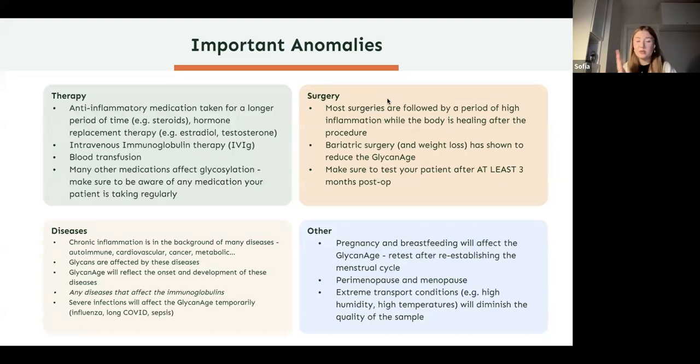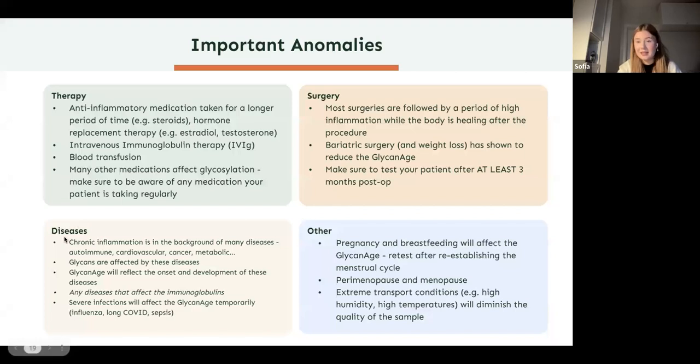However, if we tested them in the first month, we would see that their GlycanAge is very, very high because they have this inflammation in the body, which allows the body to heal. And then after they lose weight, after 3-6 months, these would be realistic results of their weight loss. And this is truly the lowering of their GlycanAge.